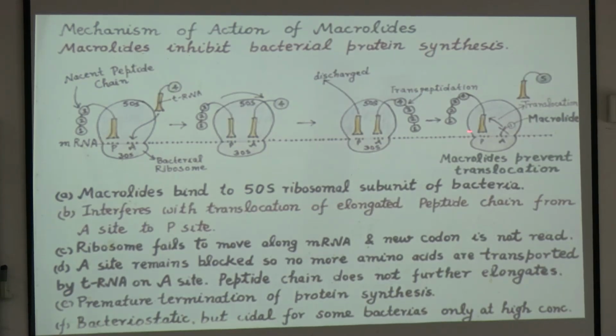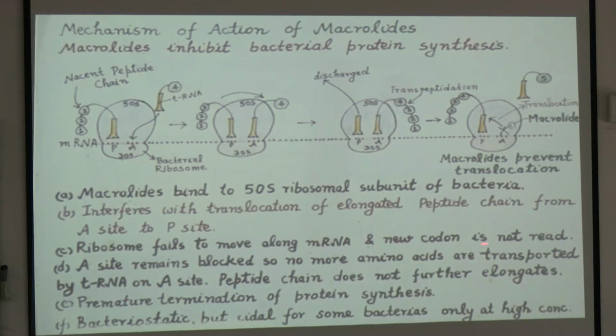This process is called translocation, where the tRNA with the entire amino acid chain shifts from the A site to the P site. It interferes with translocation of the elongated peptide chain from the A site to the P site. Ribosome fails. Now protein synthesis is blocked. So what will happen? The ribosome that was gradually moving along mRNA, that process gets blocked.